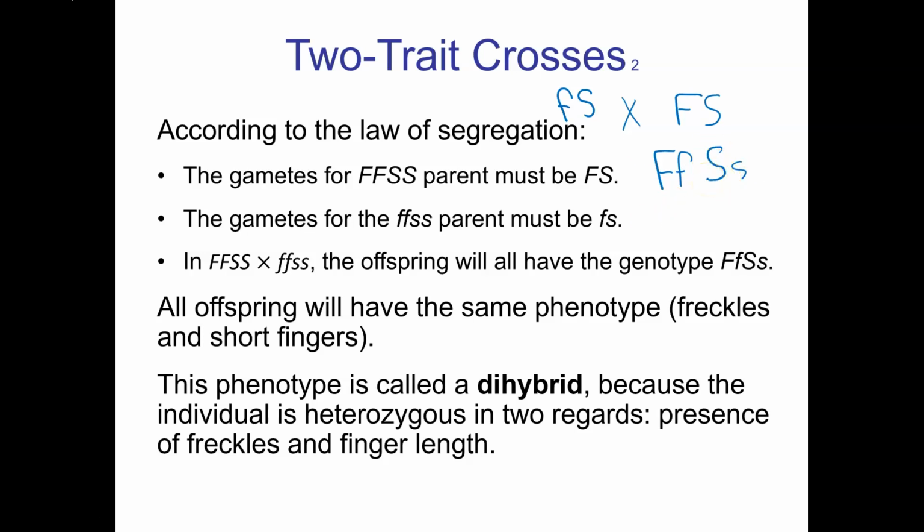That is always so weird to me, right? So this is the only type of offspring you can produce. And that is known as a dihybrid because it's two heterozygous traits. So this individual would have freckles and short fingers because they have that dominant F and that dominant S.